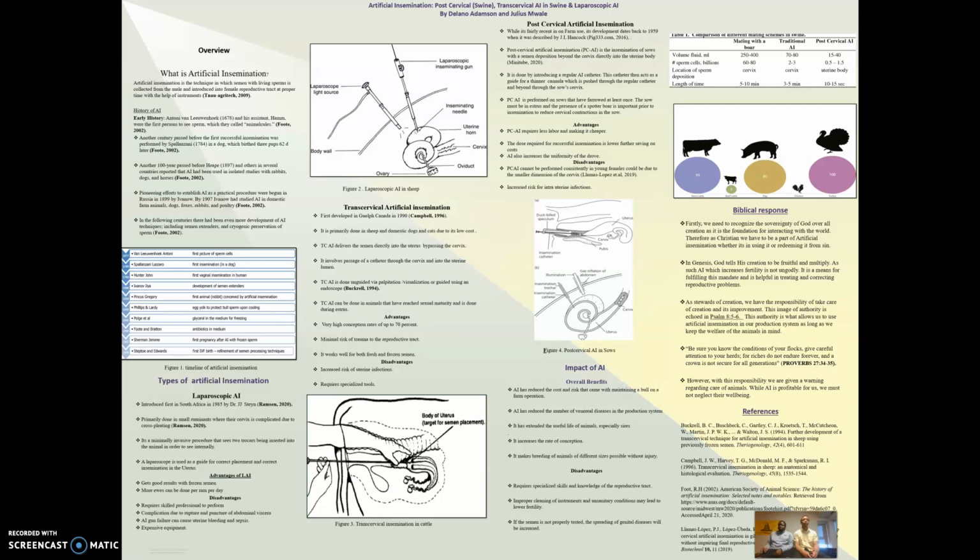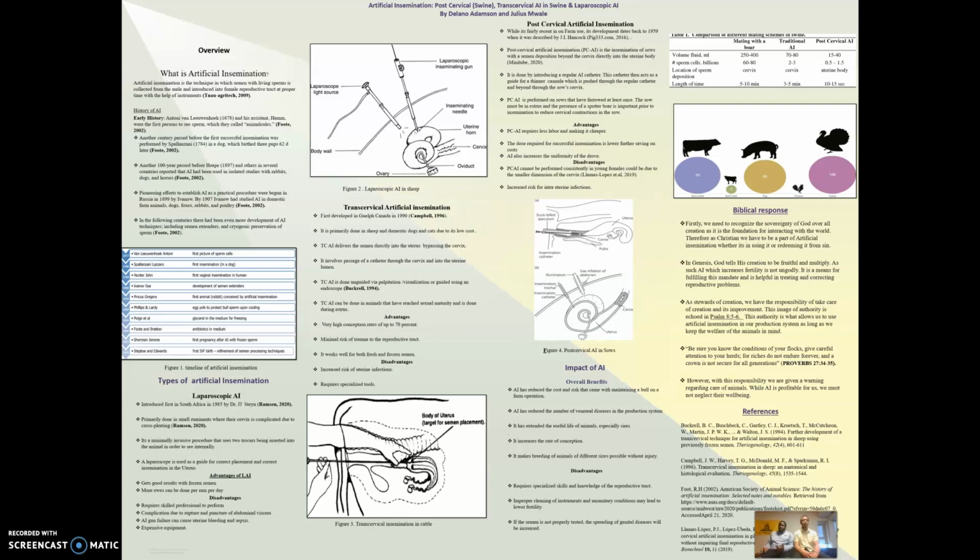Most of this is at your local vet, so you probably experience this. It involves the passage of a catheter through the cervix into the uterine lumen so that the semen can be deposited directly into the uterus, and that way increases the chances of fertilization.